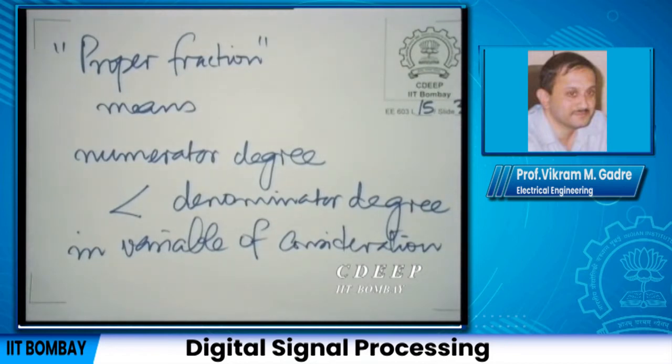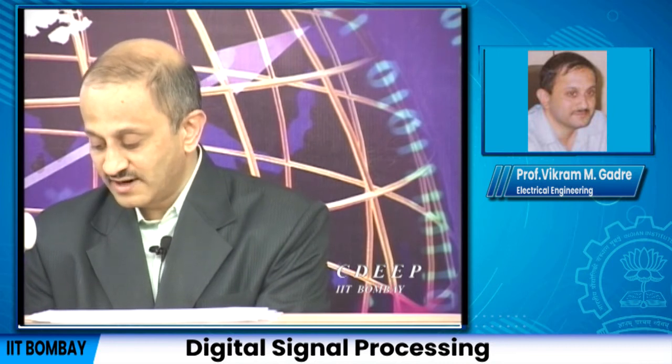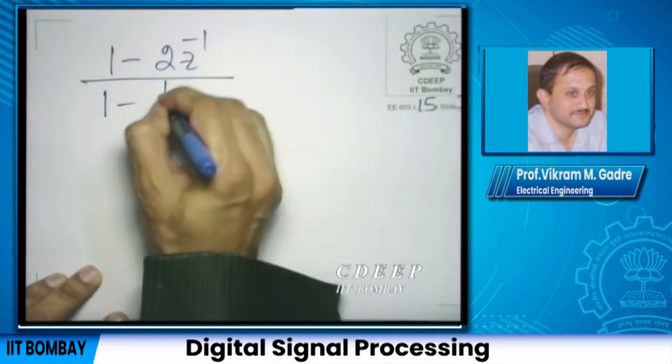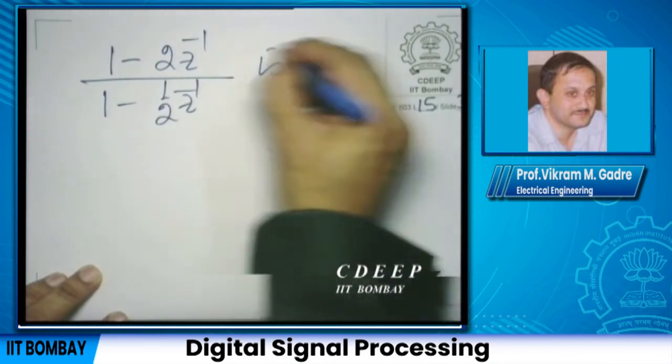Let us take a couple of examples just to drive the point home. Let us take 1 minus 2 z inverse by 1 minus half z inverse. This is not a proper fraction.